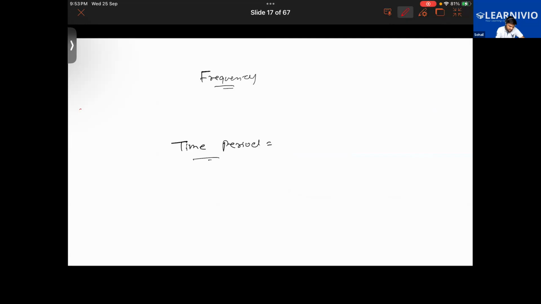So let us take a question here. Say that there is a simple pendulum that takes 32 seconds to complete 20 oscillations.